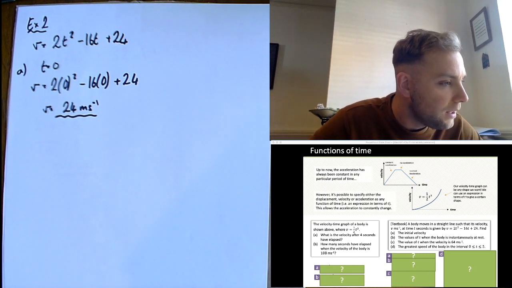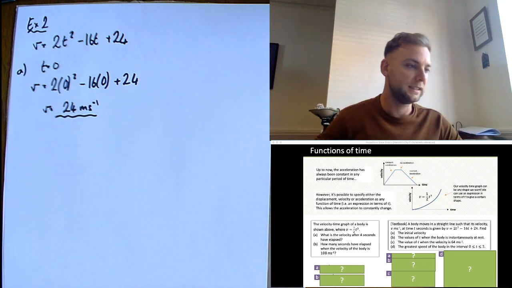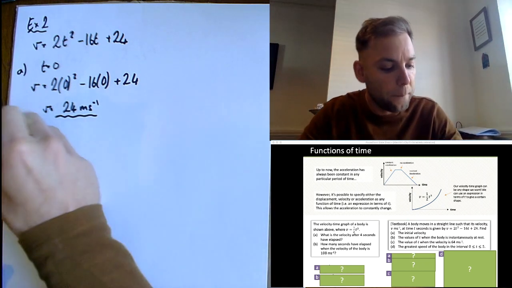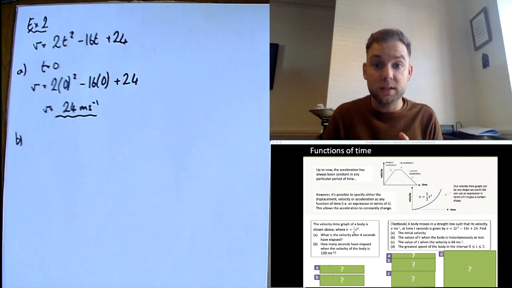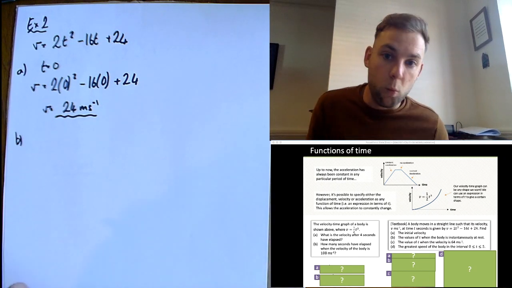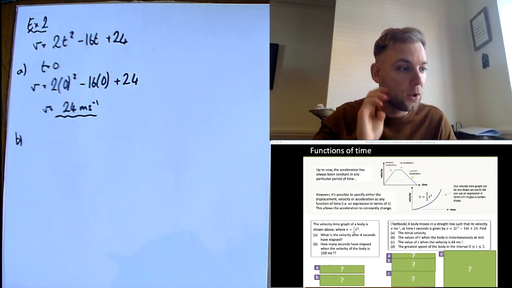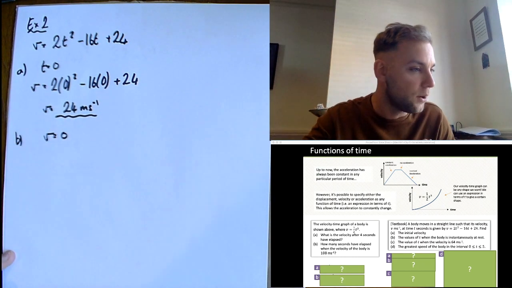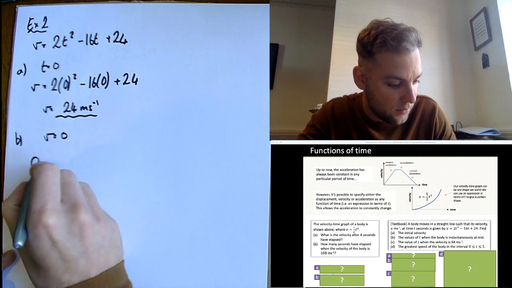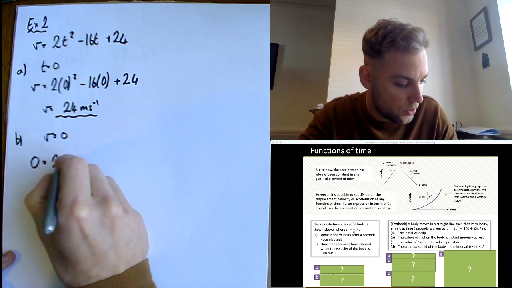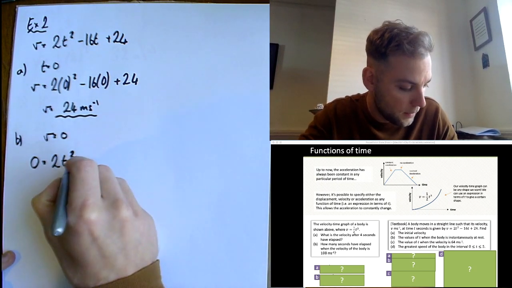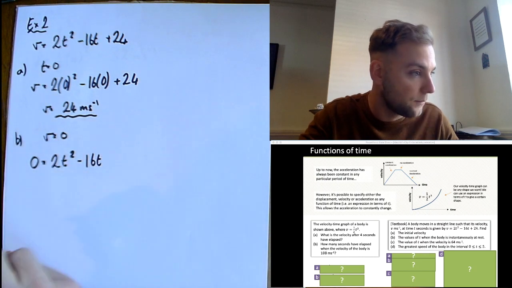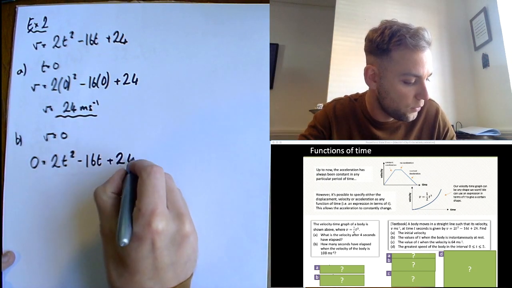Calculate the values of t when the body is instantaneously at rest. Part B is saying when the velocity is equal to 0. So what is the time when the velocity is equal to 0? This time round I'm going to set the velocity equal to 0. So 0 is equal to 2t squared minus 16t plus 24.